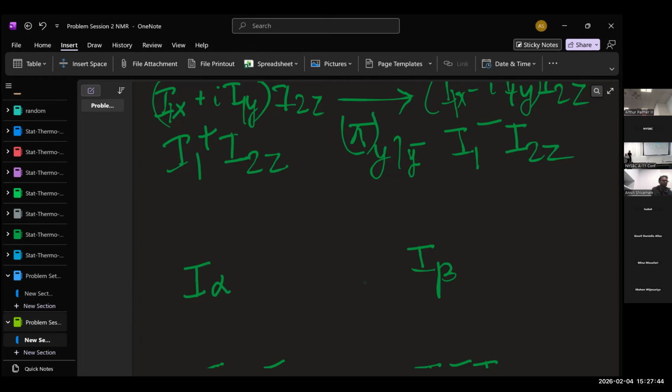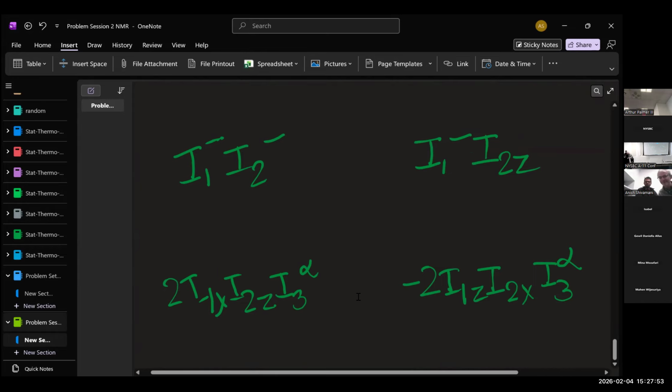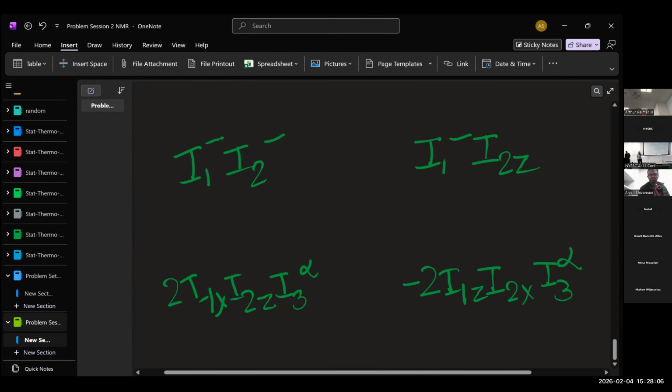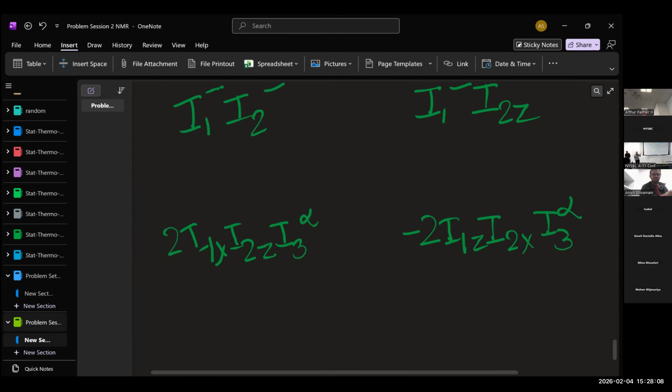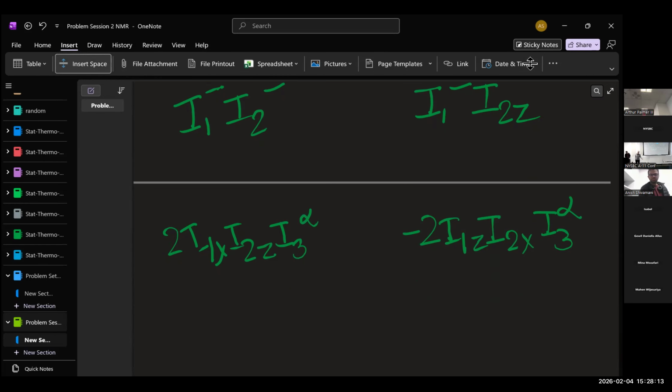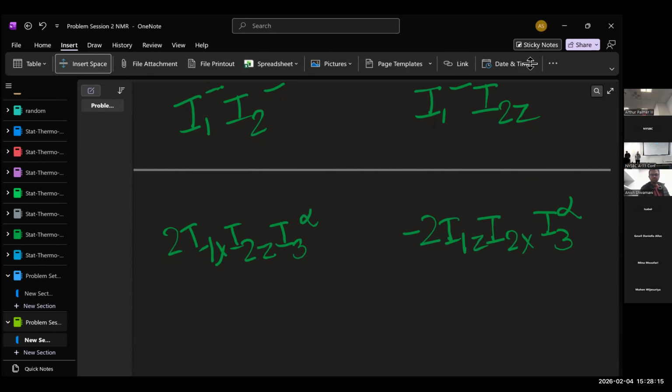Let's do this one. Here, when you have I1 minus I2 minus going to I1 minus I2Z, in this case, there's no single pulse that can transfer all the coherence from one to the other.